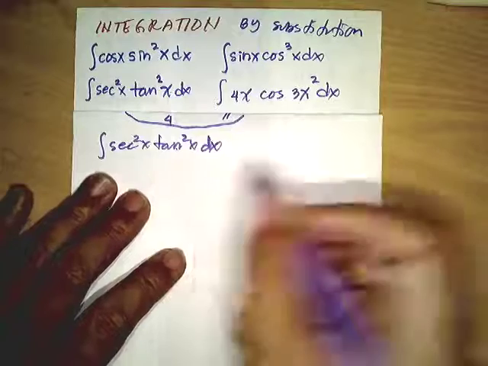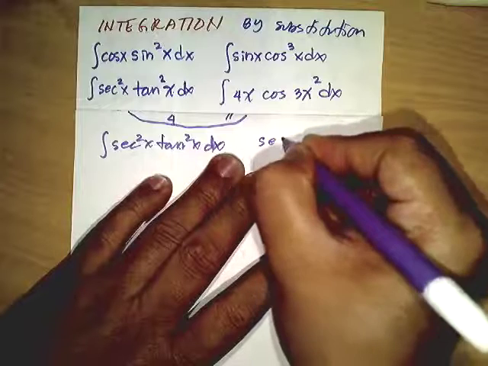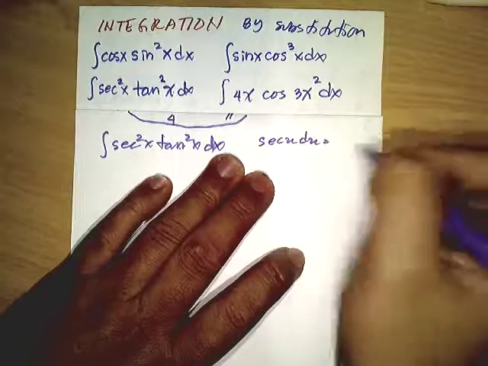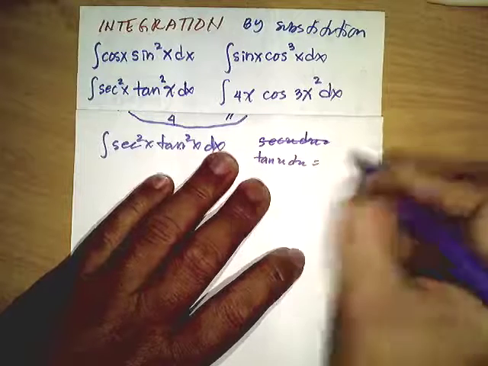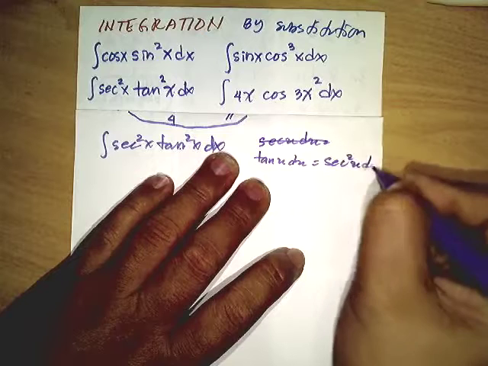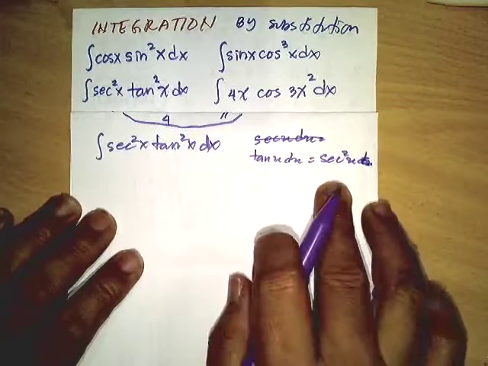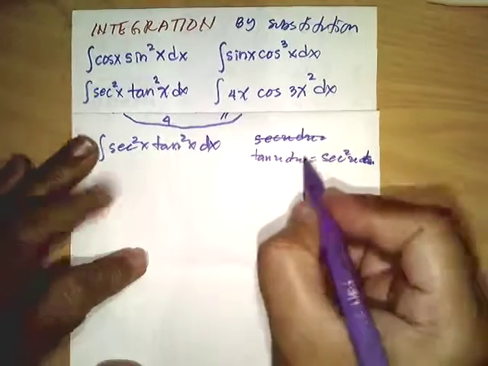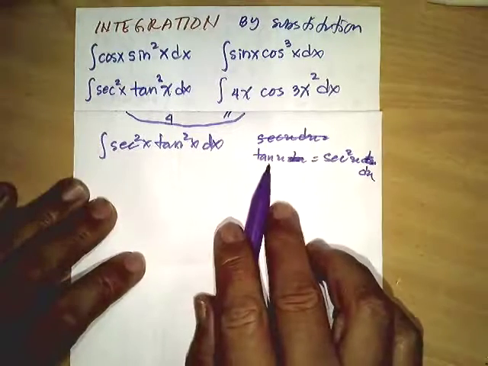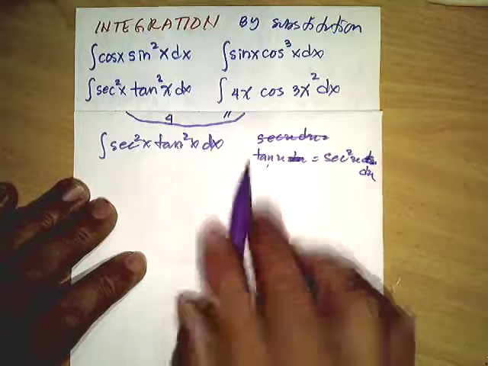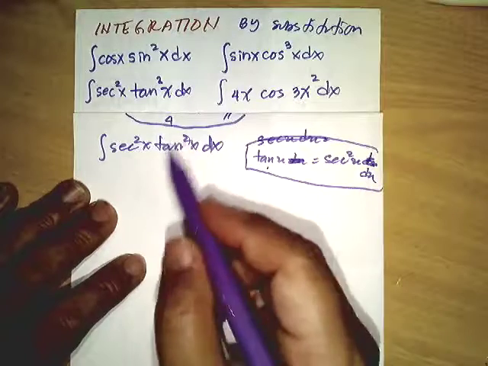However, remember that the derivative of tangent u du is equal to secant squared u du, correct? So using this formula, we may think that our u is that tangent x.